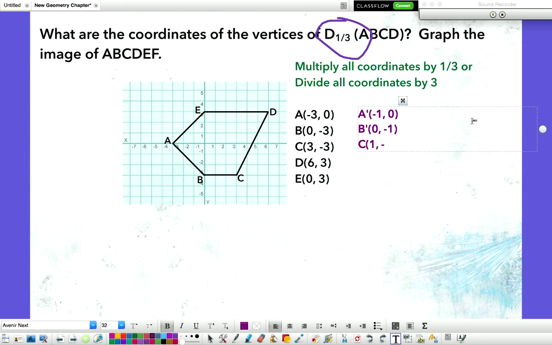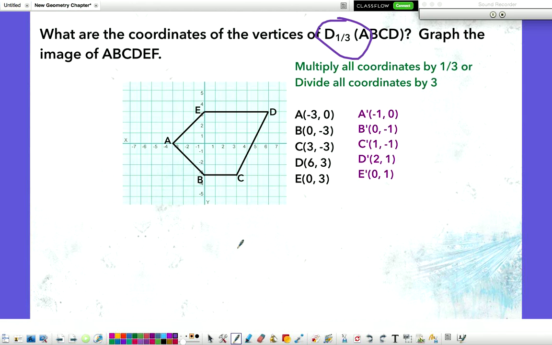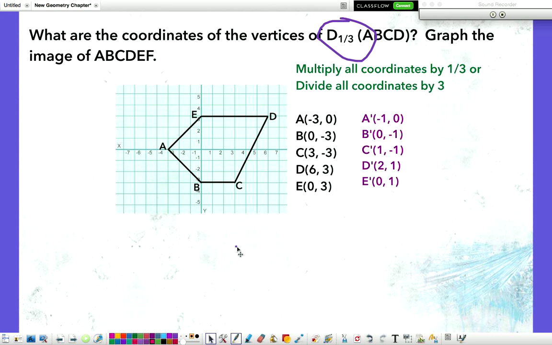C prime is 1, -1. Oops, forgot my prime. Sometimes it's just easier to type because my stylus, well, we all know what kind of issues I have with that. 6 divided by 3 is 2. 3 divided by 3 is 1. E prime is 0, 1. Okay, this is much easier to graph because we don't have any strange middle points to deal with.